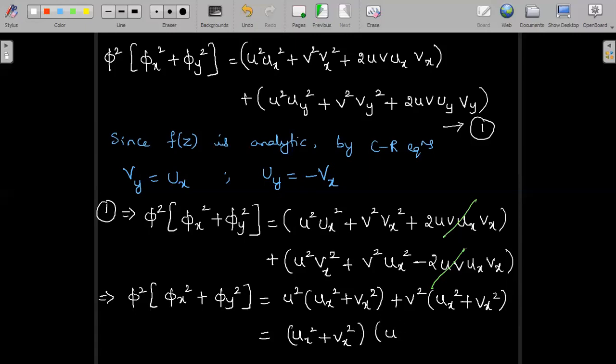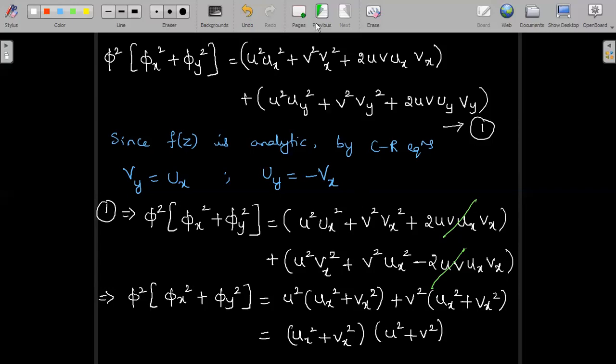I remain with u square plus v square. So are you able to understand this step? In these two terms, u square is common. When we take u square common, we remain with ux square plus vx square. And again in the second and the fourth term, v square is common. When I take that, I have vx square plus ux square, same as writing the reverse of it. Again, the bracket terms are common for us. So I take ux square plus vx square common. It remains with u square plus v square.